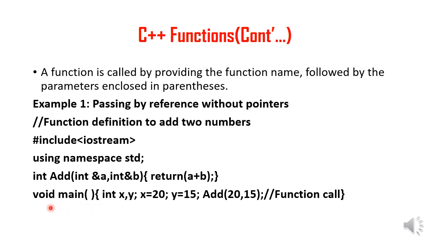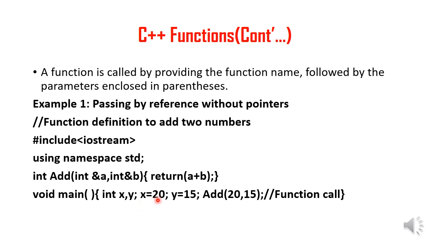So in the body of the main function, we declare two variables that we will use as actual parameters in order to give our function what it needs, meaning the values to be used during the execution of this function after calling it. So we have int x, y; semicolon. It means that this is the first statement.